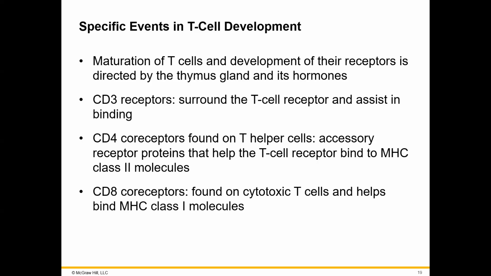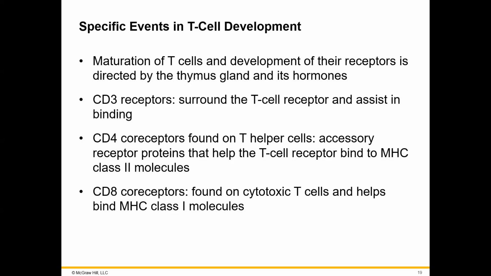T cells also express either a CD4 or a CD8 co-receptor. CD4 is an accessory receptor protein, which is mostly found on T helper cells, and it helps the T cell receptor bind to the MHC class II molecules. CD8, on the other hand, is mostly found on cytotoxic T cells, and it helps bind MHC class I molecules.